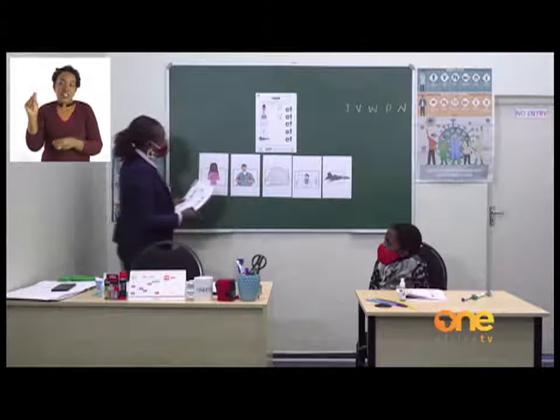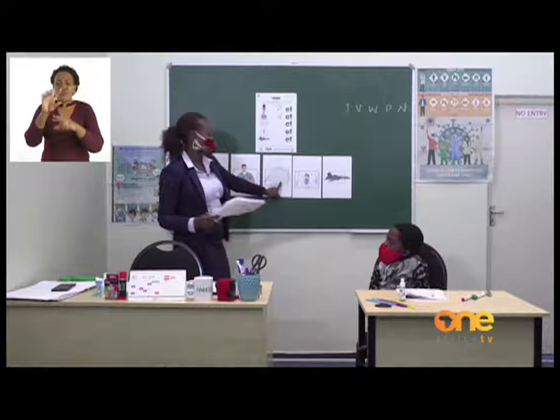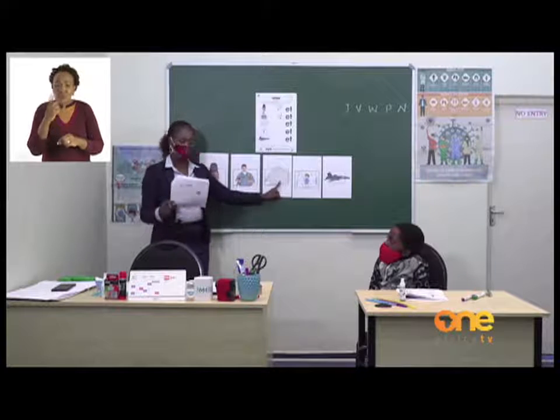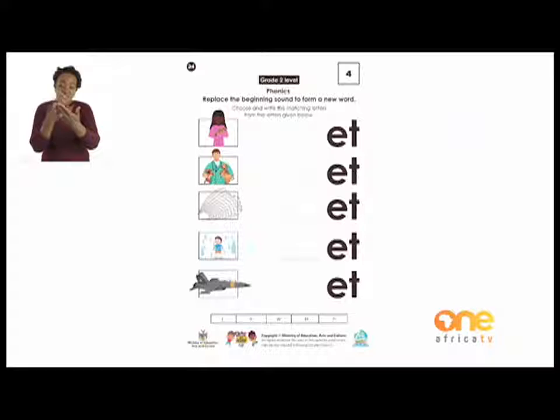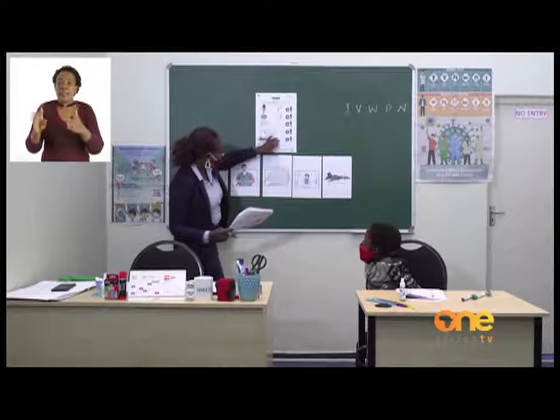So this is what I want you to do. Identify the pictures from your booklet. They are in your booklet. You identify them and finish the remaining 3. Form a new word by replacing these letters at the beginning of one of these words.